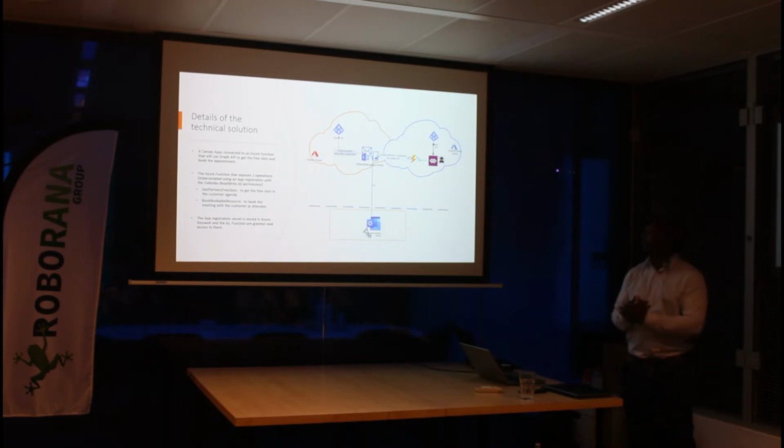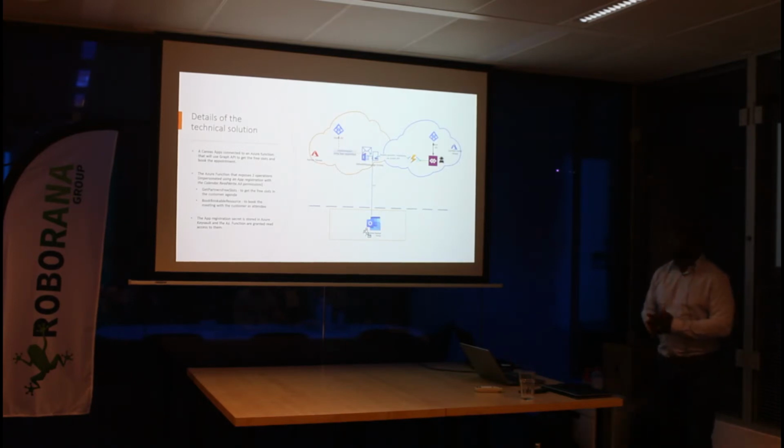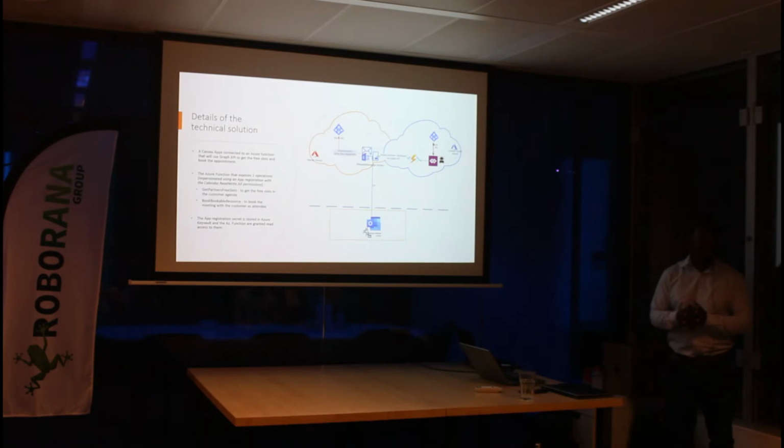Just for information, for those who are not familiar with Graph API, it's a kind of unified API that Microsoft now provides to make all kinds of operations in Microsoft 365. So it's very, very useful. You find everything in it.